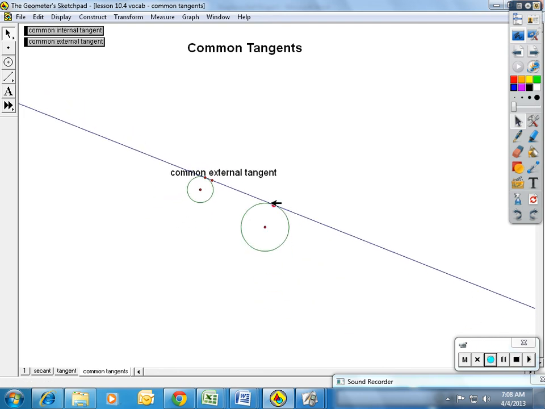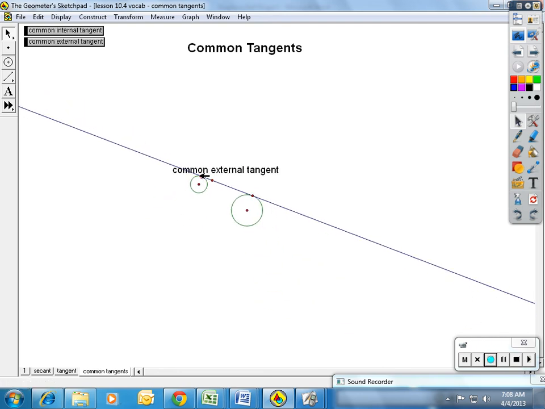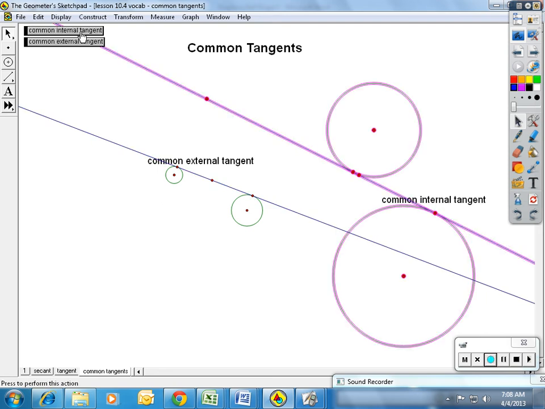So basically the circles are on the same side of the tangent line for a common external tangent, and for an internal tangent, they are on either side of the tangent line. Okay, so secants and tangents, some important definitions to consider. So hopefully this helps you as you process the pictures in the book and the definitions in the book. Be sure to get these down in your green definition books with pictures. And that's it. Thanks.